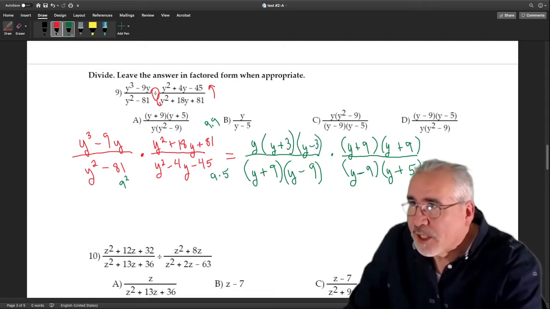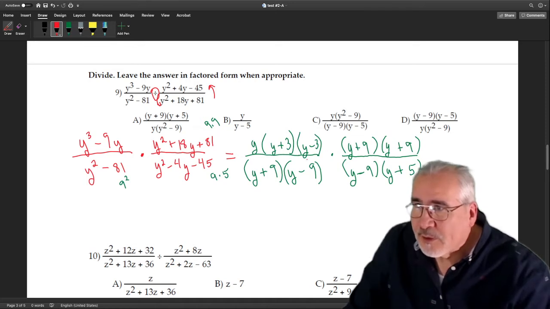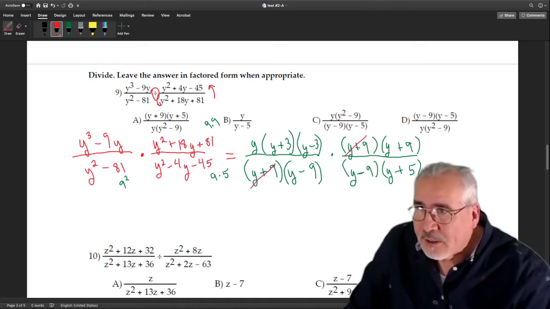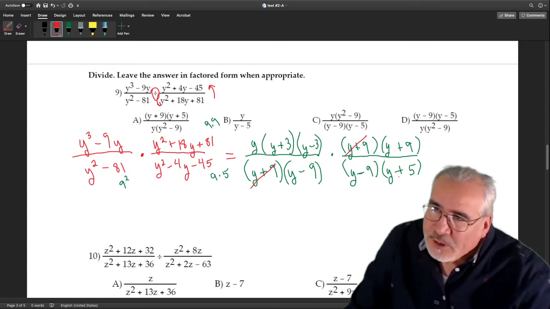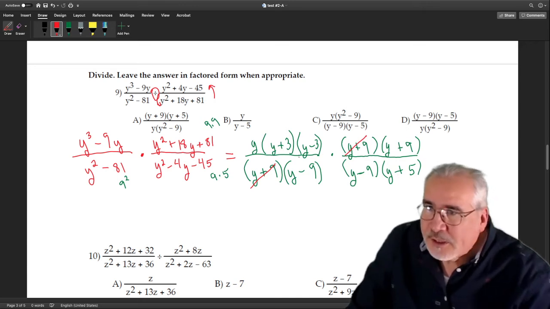And then let's change colors and let's see what cancels. So we've got a y plus 9 here and here. We've got a y plus 5. That doesn't do anything for us. 3 and 15, no, that doesn't work.